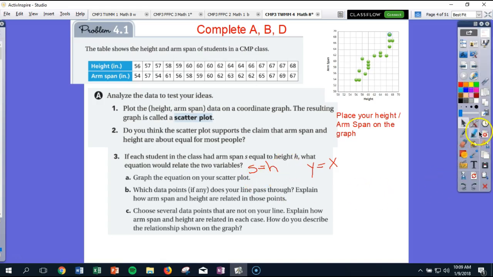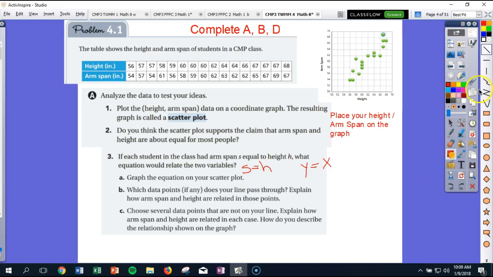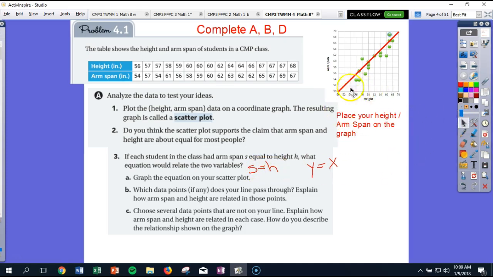Well, what it's asking you to do is, if S equals H, then where this is 52, this is going to be 52. So our line would match and just go through the corner of each of those grids. And this would be our line of best fit if we use this equation of span equals height.